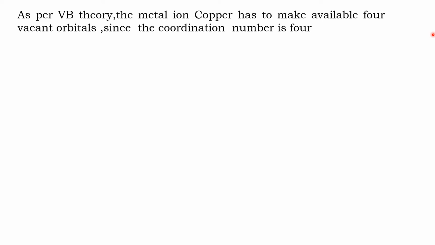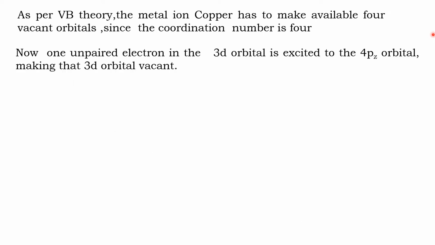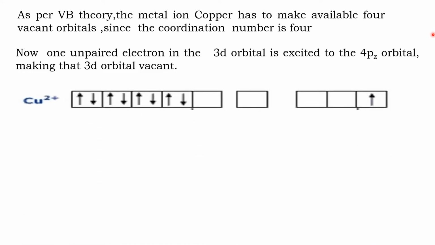Now we have to see how copper forms the compound. As per VB theory, the central metal atom copper should make available 4 vacant orbitals. Why 4 vacant orbitals? Because 4 ligands are there. The central metal atom should make available 4 vacant orbitals to accommodate the electron pairs from the ammonia molecules, ammonia being the ligand here.